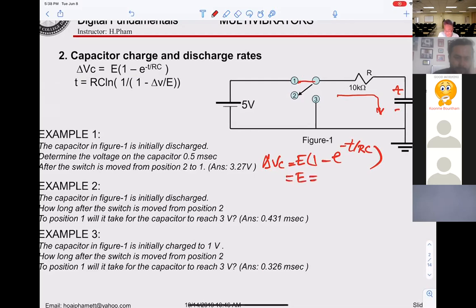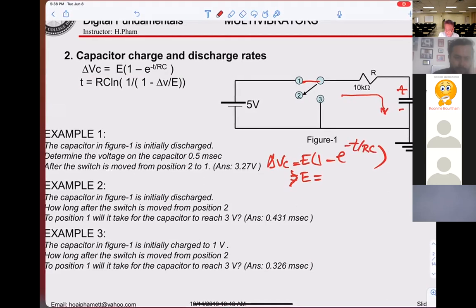E will be the difference between the initial voltage and the voltage the capacitor tries to reach. So now, initial voltage, they say discharged, so 0.